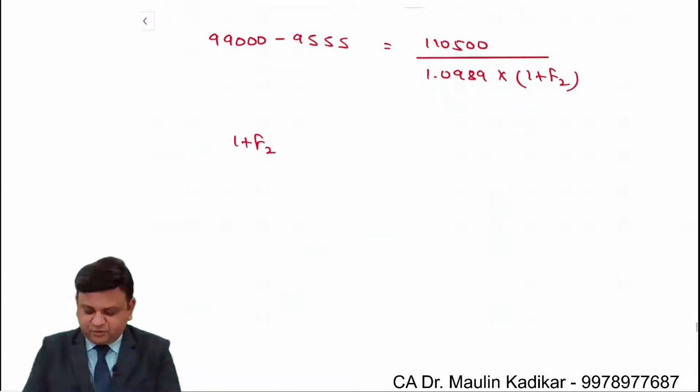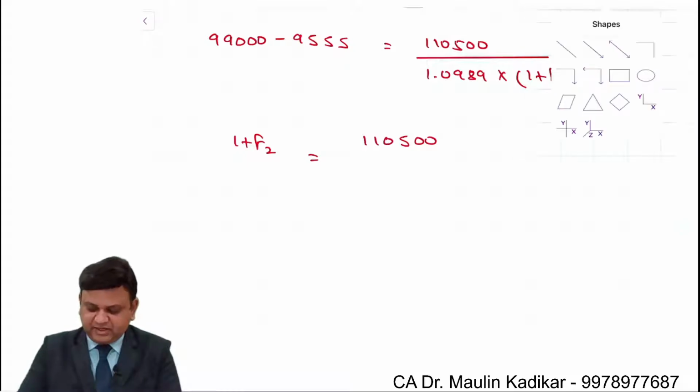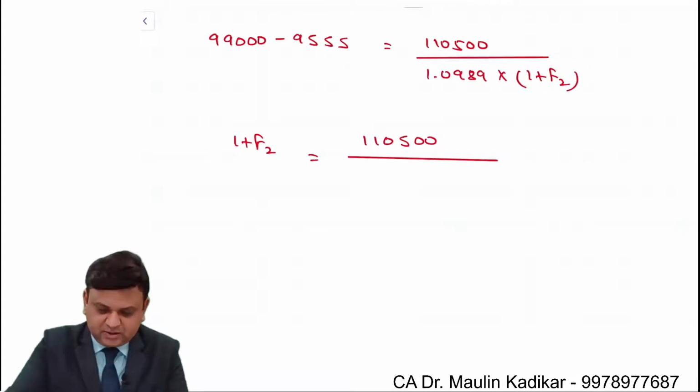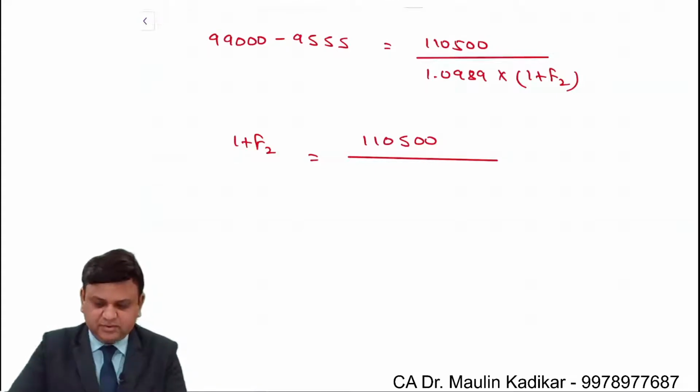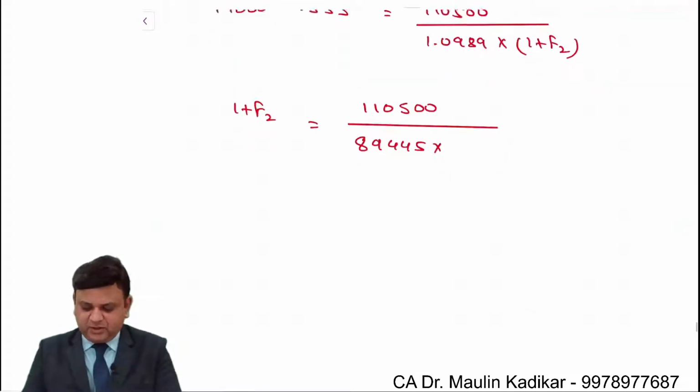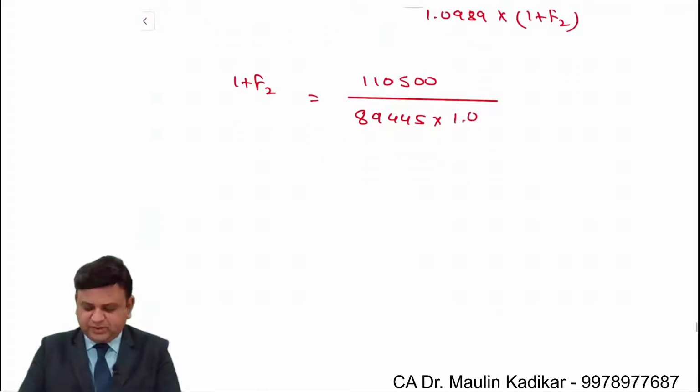1 plus F2 is equal to 1,10,500 divided by 99,000 minus 9,555, so 89,445, into 1.0989.